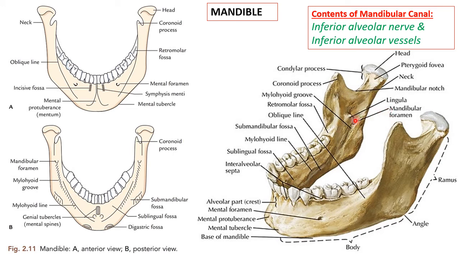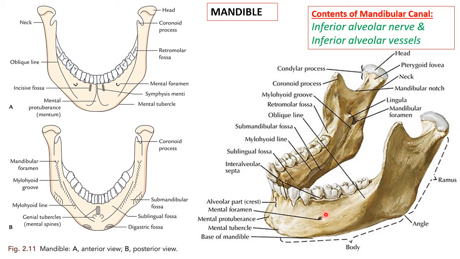This mandibular foramen leads to the mandibular canal, which runs downward and forward, passes through the body of the mandible and comes out to the outside as the mental foramen.